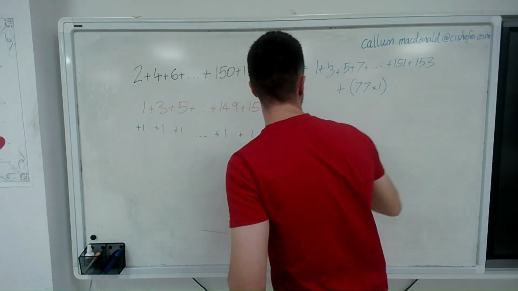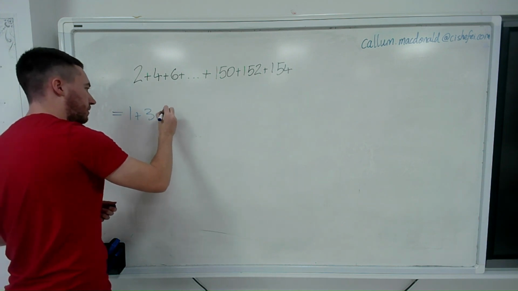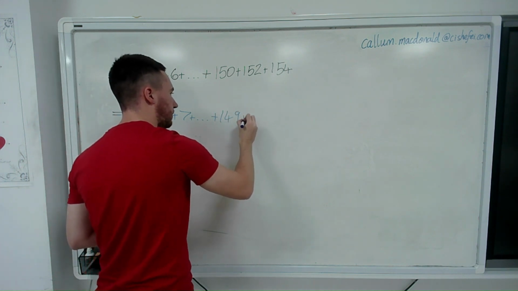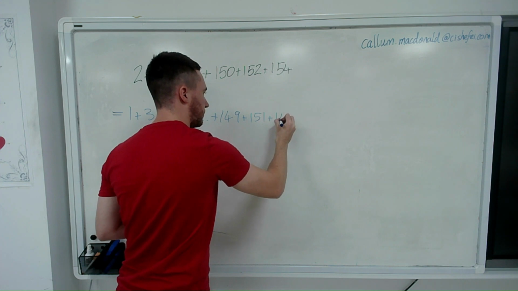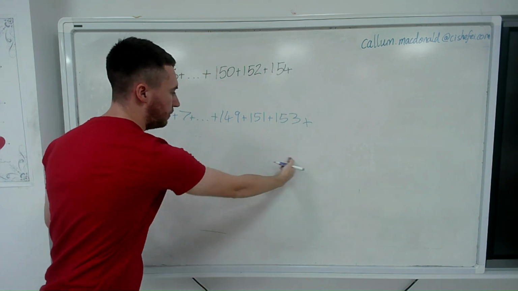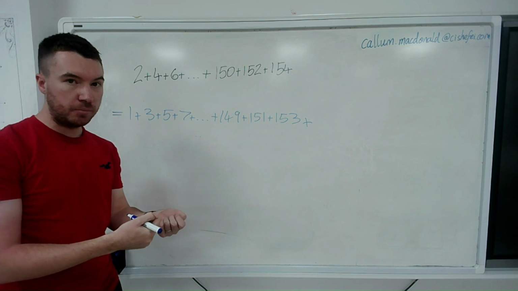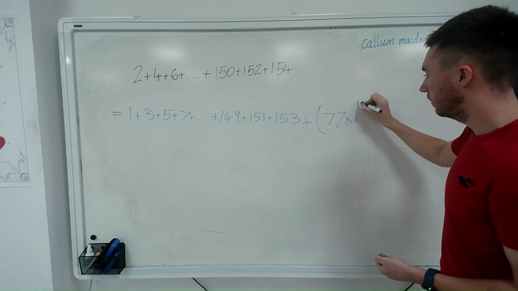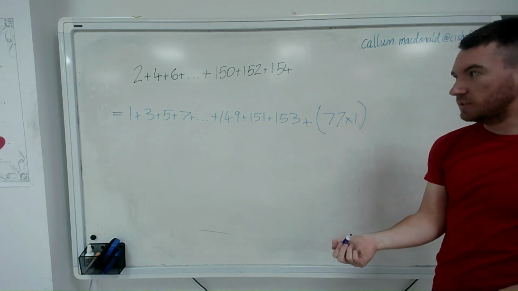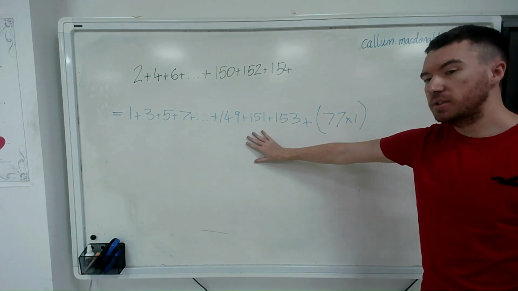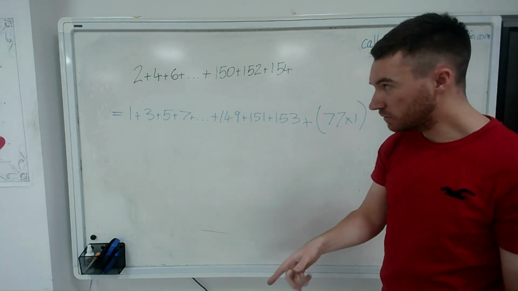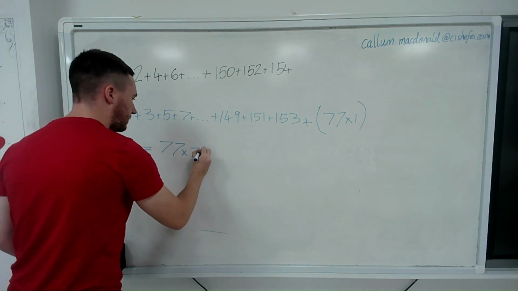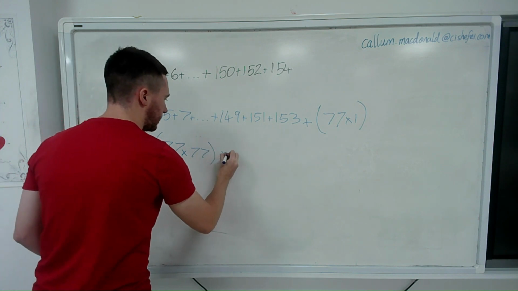Okay, let me rewrite that. 1 plus 3 plus 5 plus 7 plus dot dot dot 149 plus 151 plus 153 plus how many ones did I have? I had the number of terms of ones. We know the number of terms is 77. 77 ones is 77. We also know that this is 77 times 77 from before. So we simplify this to 77 times 77 plus another 77.